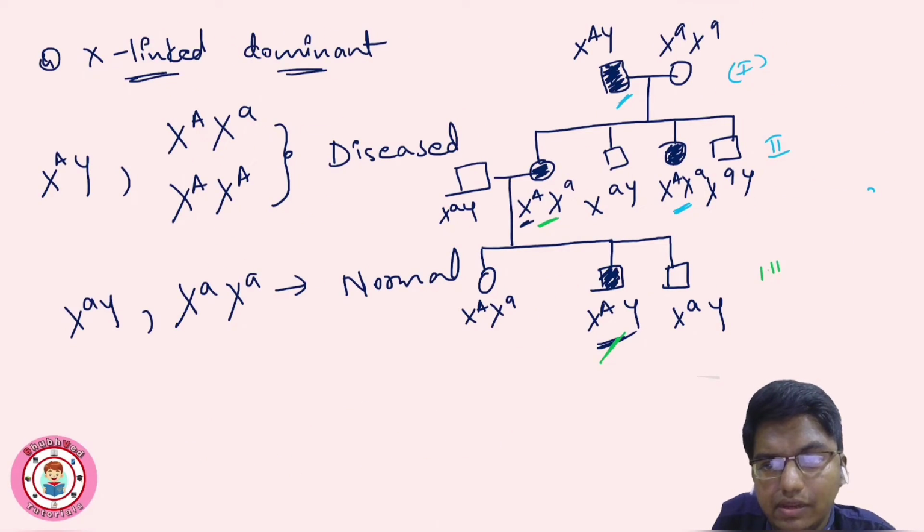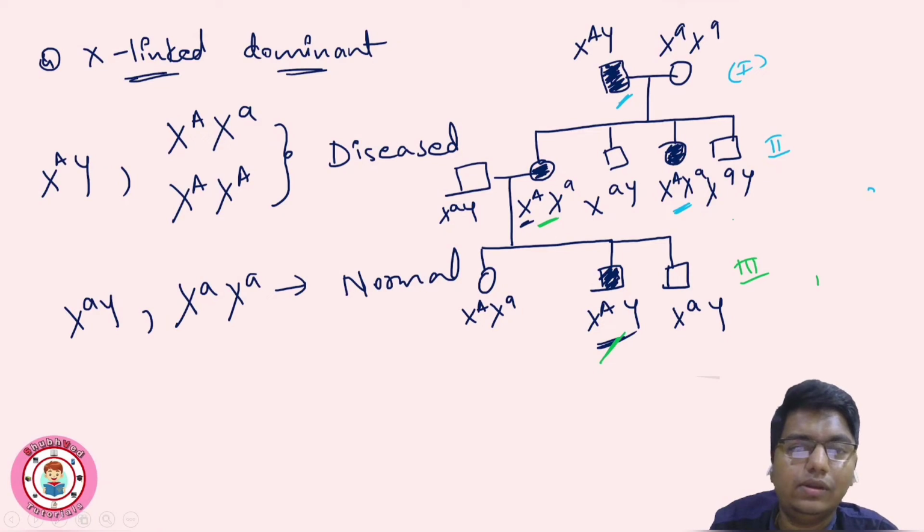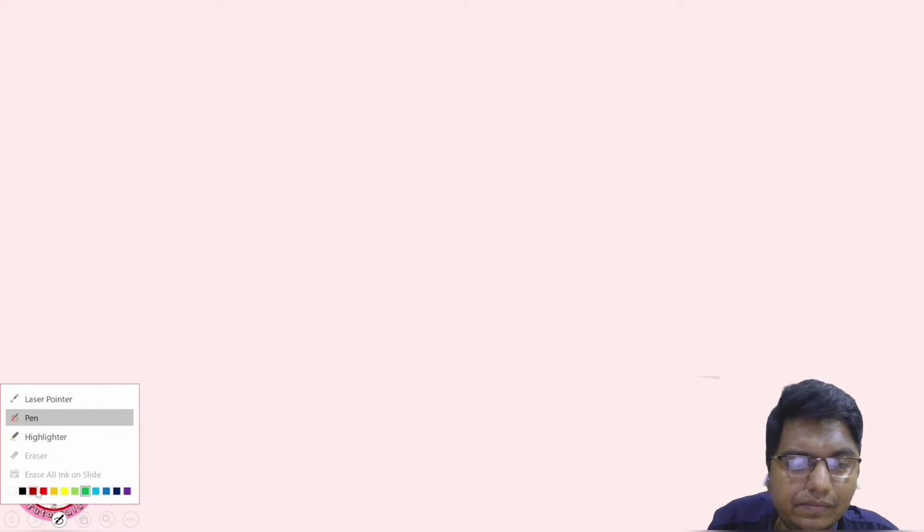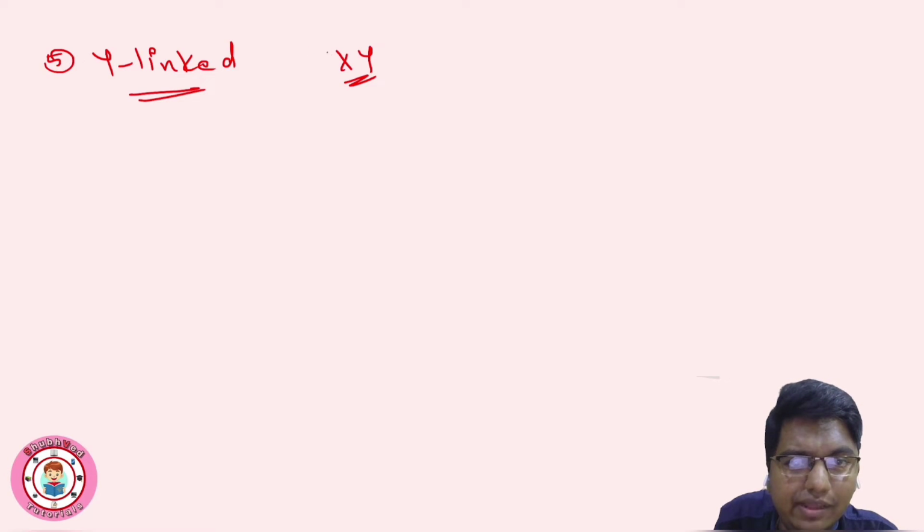This is generation 3. So now next is the last inheritance pattern, that is Y-linked. Very easy, Y-linked. There is nothing like dominant and recessive, as I told. Because Y will always express in males, only in males, I will write here, only in males.